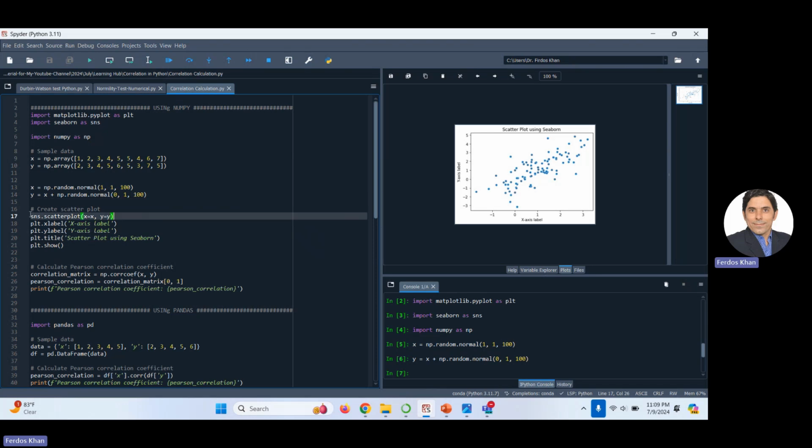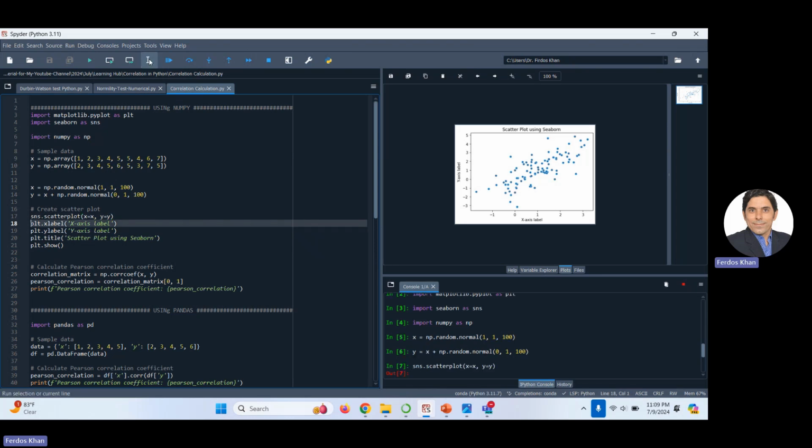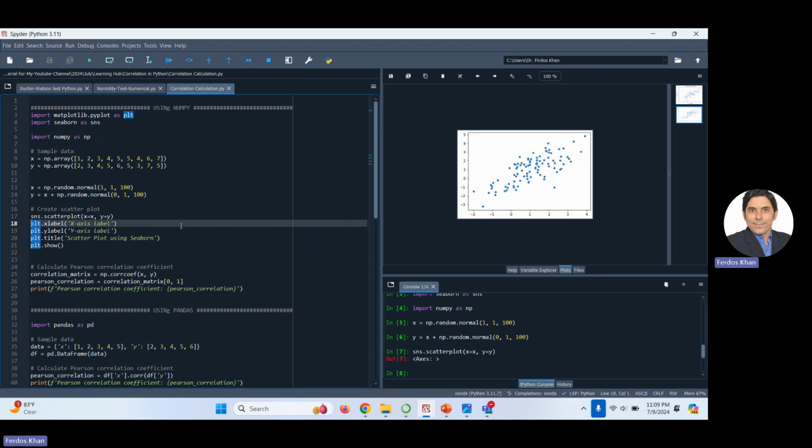You already know how to draw a plot, because I have done multiple videos and explained this. When you run this, you will plot this data. Then you are just labeling: I mentioned the x-axis label and y-axis label, and you need to mention your own.